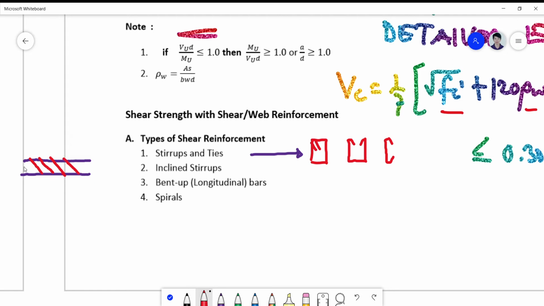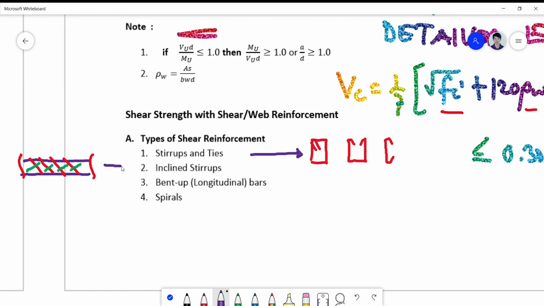If this is the beam axis, they are inclined in such a way as to prevent the crack from diagonally crossing the stirrups.